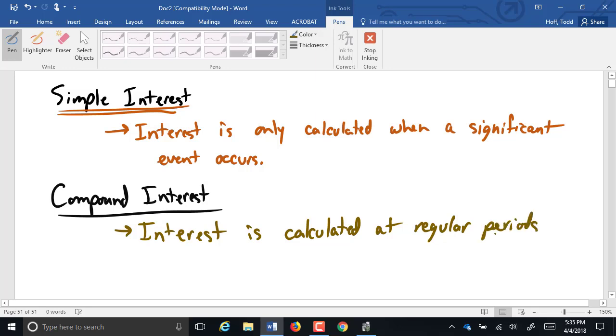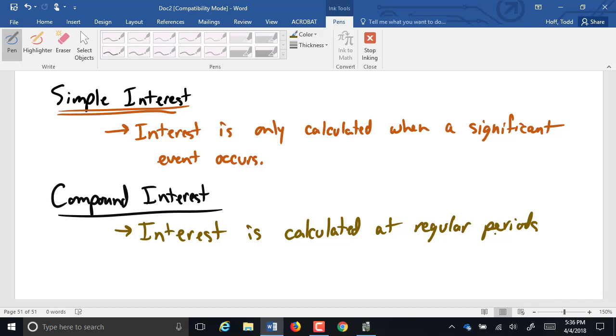Those periods may vary depending on the type of loan. Could be monthly, could be quarterly is very common, could be annually, semi-annually. Daily is an option. Continuously is something that was used a lot more 10 years ago. It's kind of faded now.